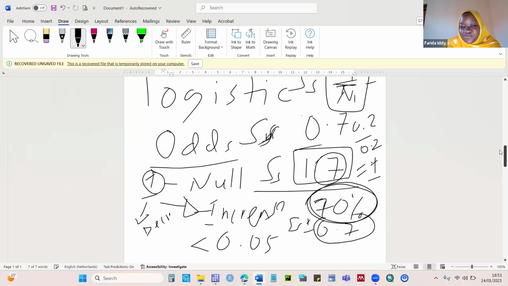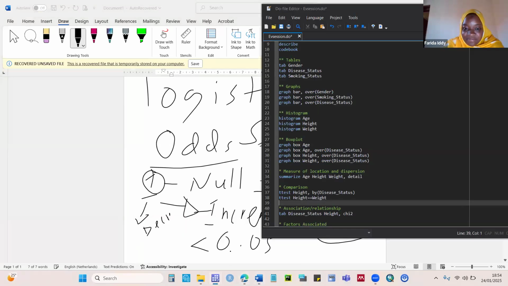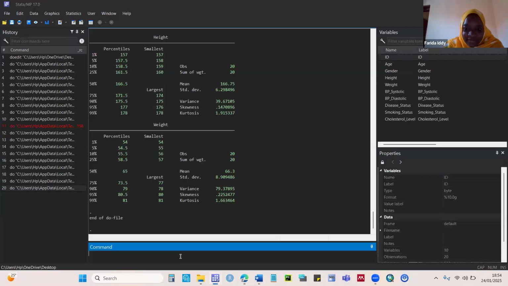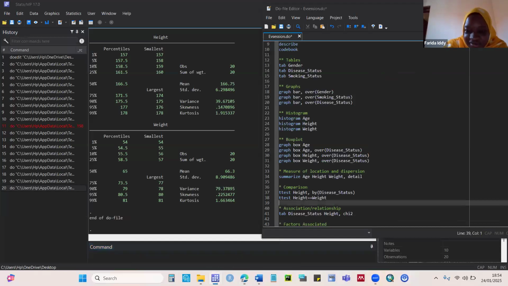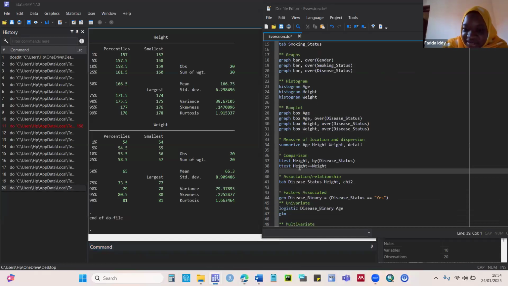So before going back to the command starter code, is there any question? If there is no question, I'll just run this command.